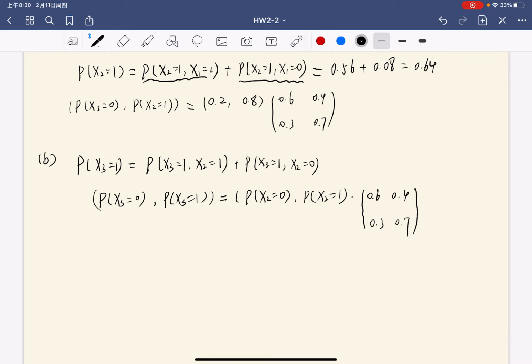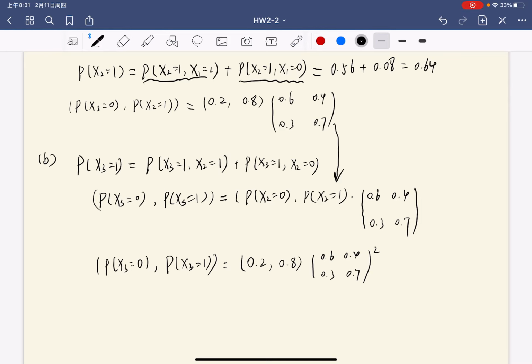Because of the conclusion above, this vector of P(x3 = 0) and P(x3 = 1) should equal [0.2, 0.8] multiplied by the transition matrix to the power of 2.